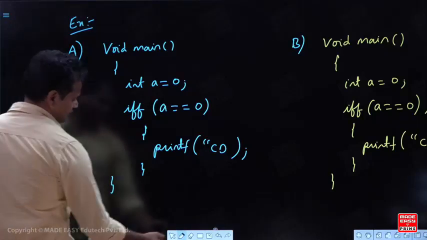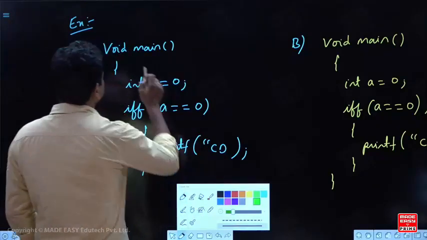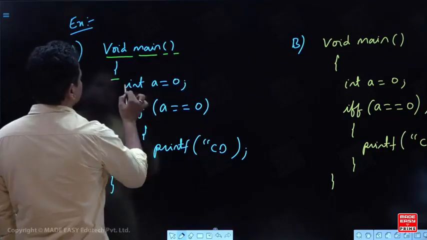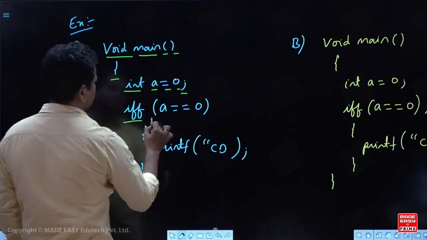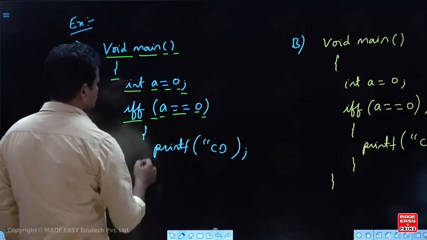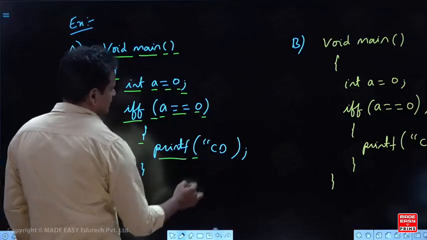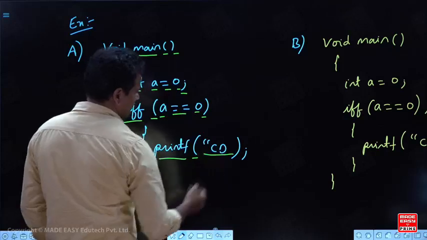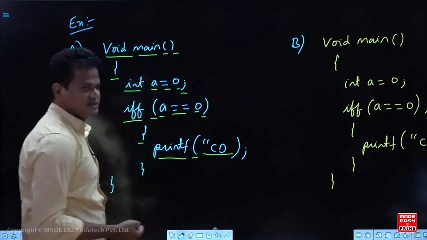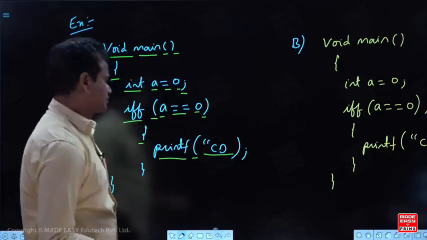Okay. Now look at this one. Here everything will be converted into tokens. Whenever double quotes open, the lexical analyzer searches for the closed double quotes.